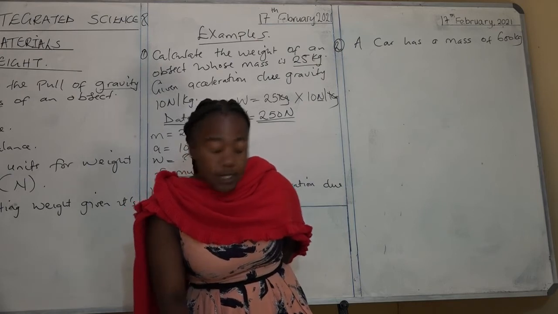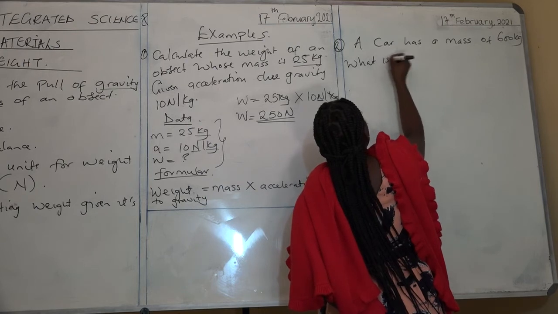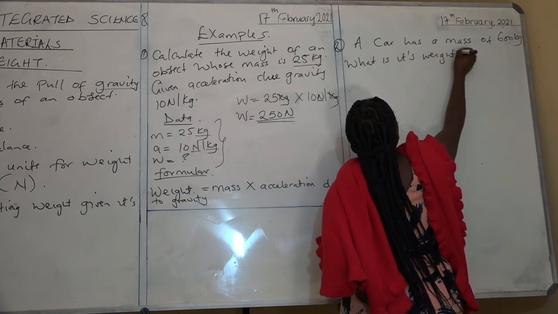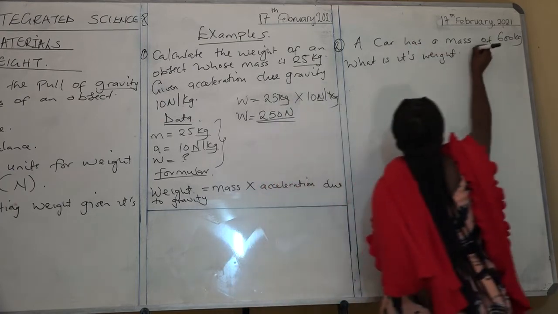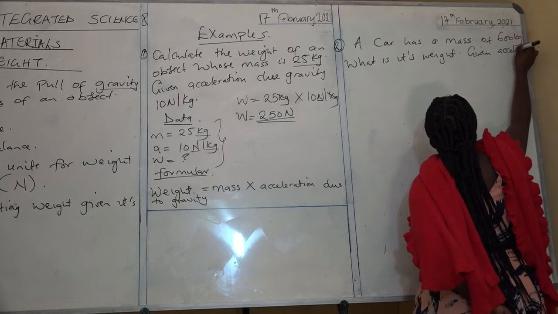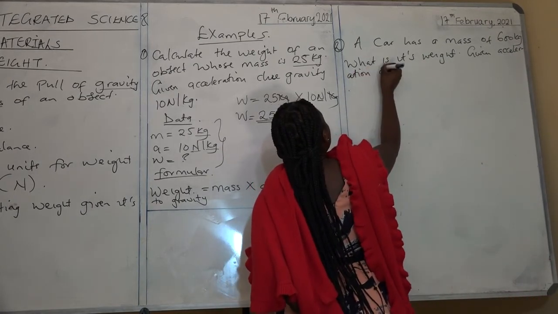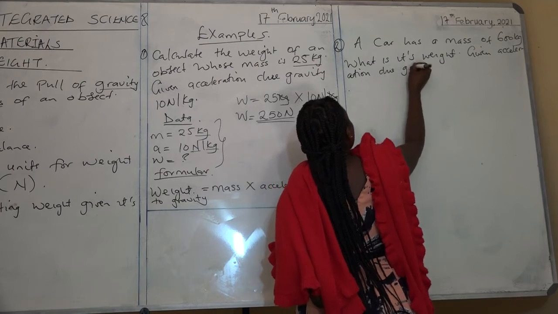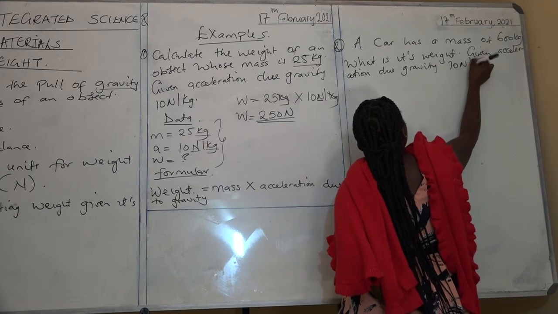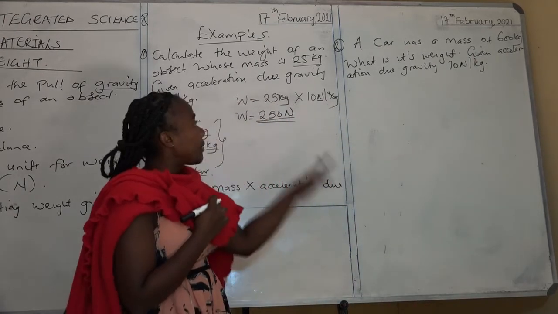What is its weight, class? Given acceleration due to gravity, 10 newtons per kg. So what's the first thing you do when you look at this question?